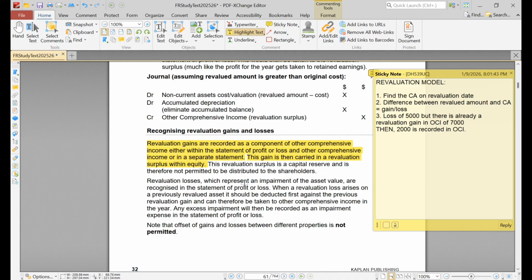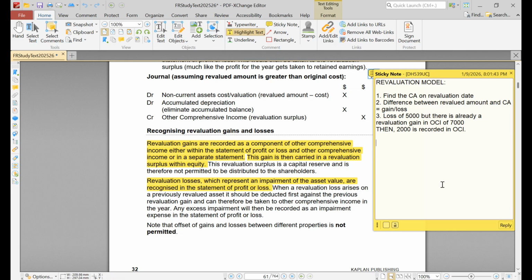Revaluation losses, which represent an impairment of the asset value, are recognized in the statement of profit and loss. When a revaluation loss arises on a previously revalued asset, it should be deducted first against the previous revaluation gain and can therefore be taken to other comprehensive income in the year. Any excess impairment will then be recorded as an impairment expense in the statement of profit and loss.